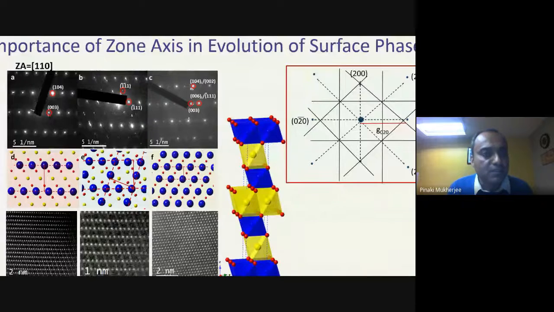All right. This particular zone axis is the 110 zone axis of the original layered structure, and we use that to get the diffraction pattern. And here is the projection, and then these are the atomic scale STEM images from those surface areas.